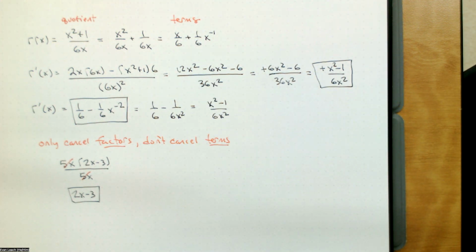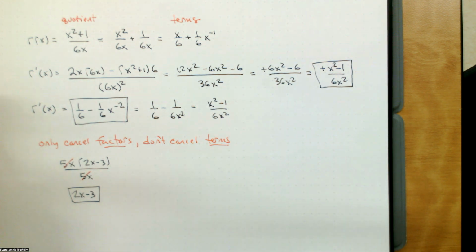When you want to cancel something like that, you have to remember what the canceling is. It's not just seeing a thing on top, seeing a thing on bottom, and getting rid of it. That's just visually what's going on. But that's not conceptually what's going on. I have multiplied by 5x, and I have also divided by 5x. That means I can skip that step.